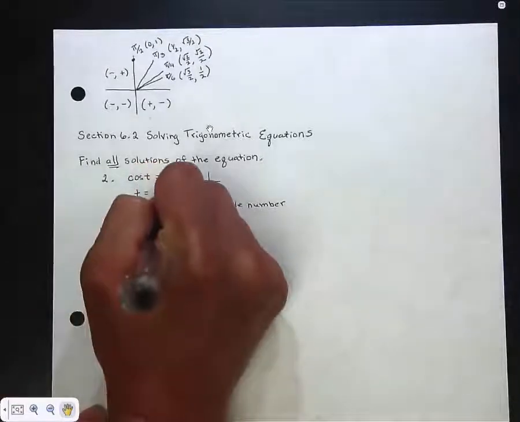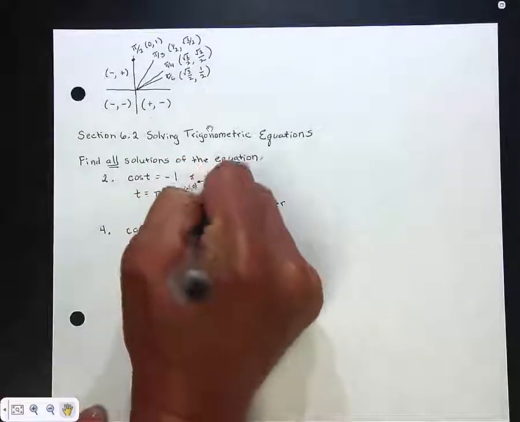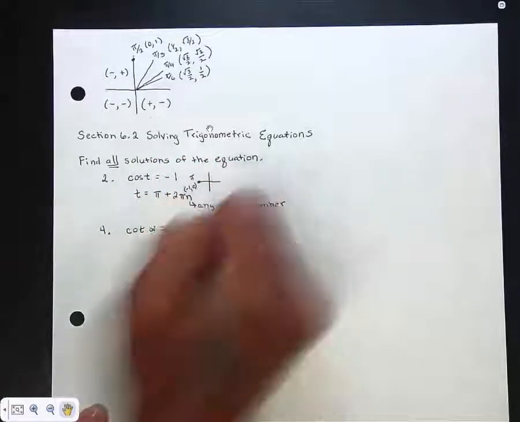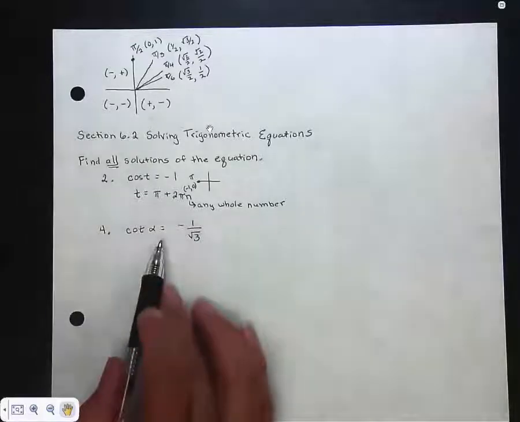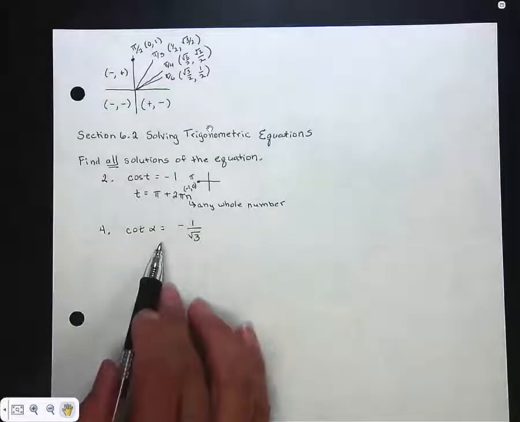says cotangent alpha is -1 over square root of 3. Almost any time you give me an equation involving cotangent or cosecant or secant, I'm going to try to change that equation to one of the 3 trigonometric functions for which I'm more familiar.